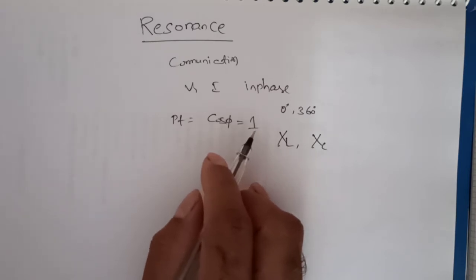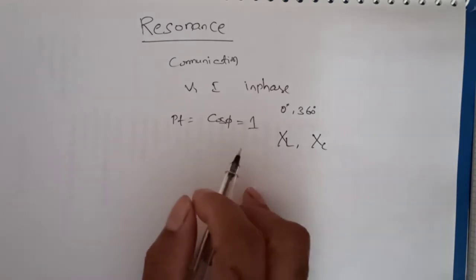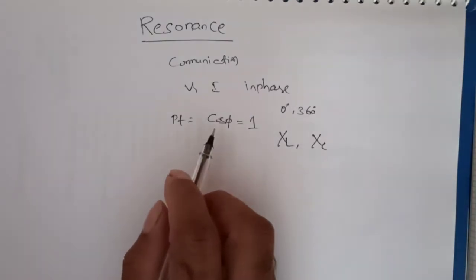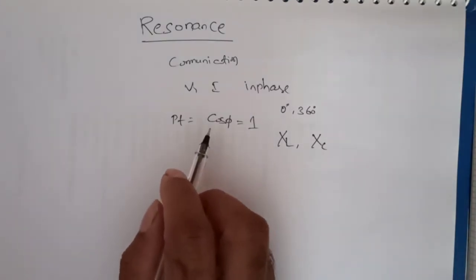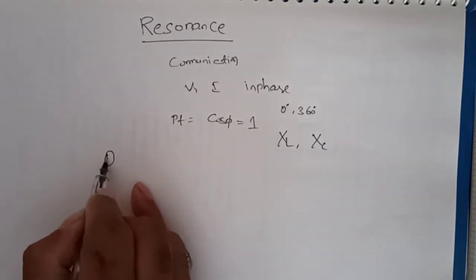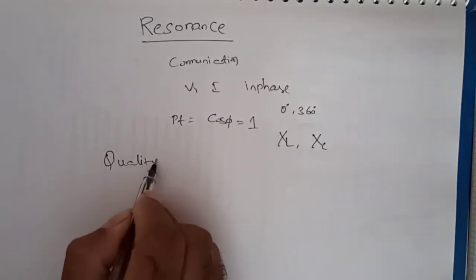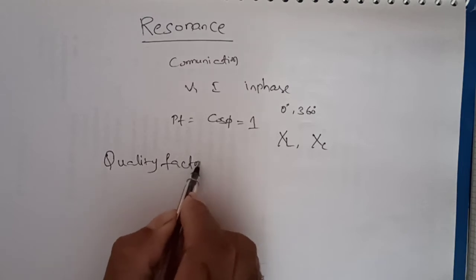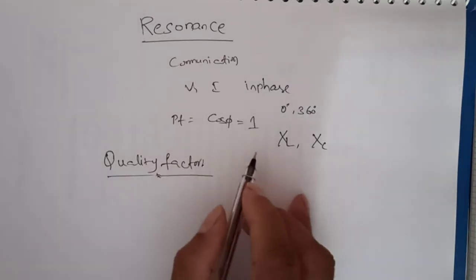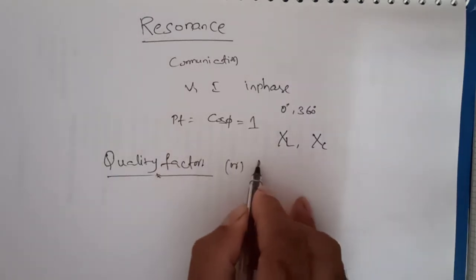Now we have to discuss one important parameter of the resonance circuit, which is called the quality factor, or figure of merit.